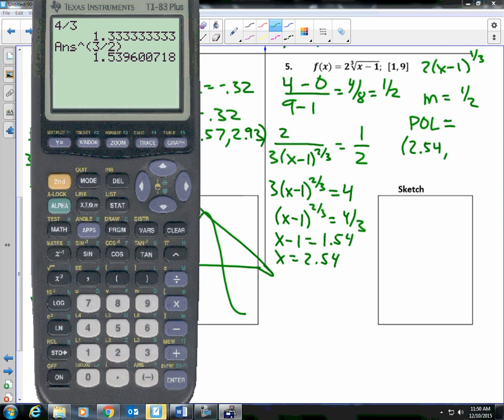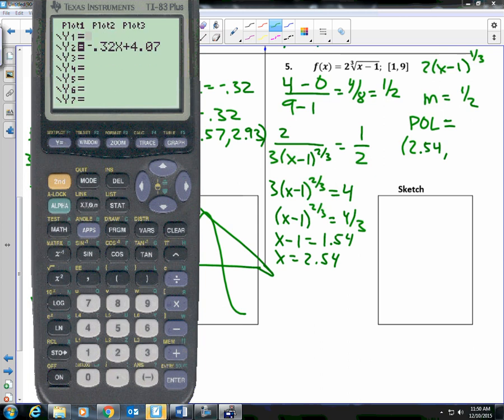Now I've got to come up with the y value. Oh, I can't quite see everything.